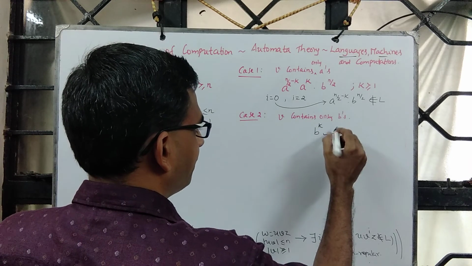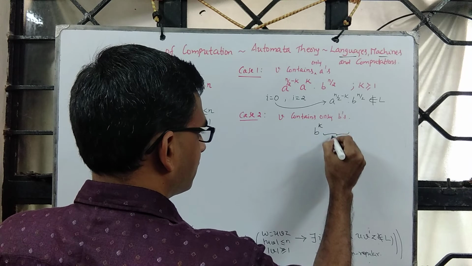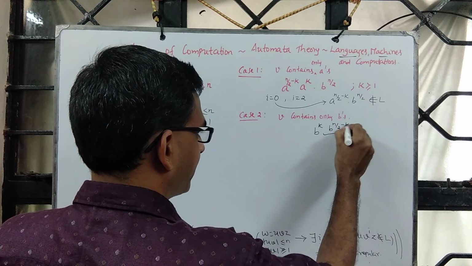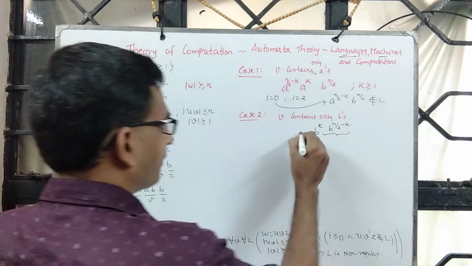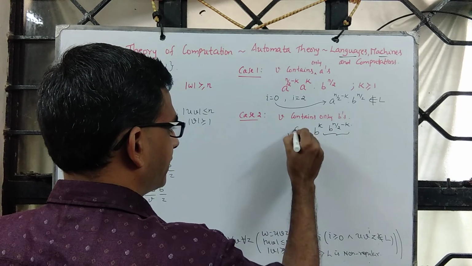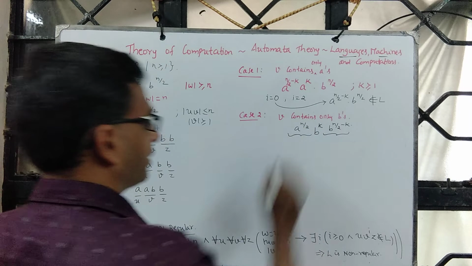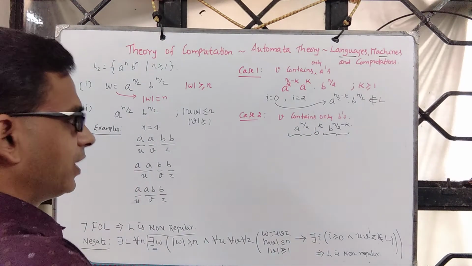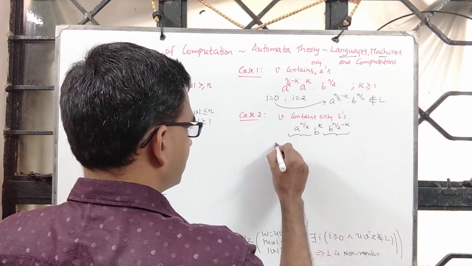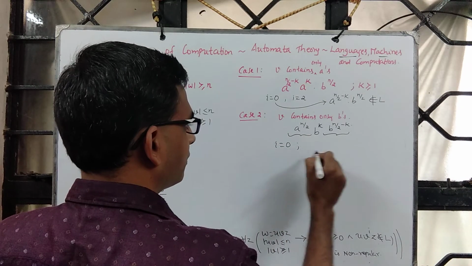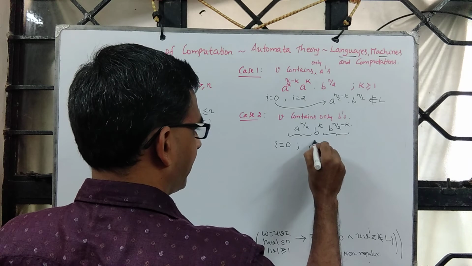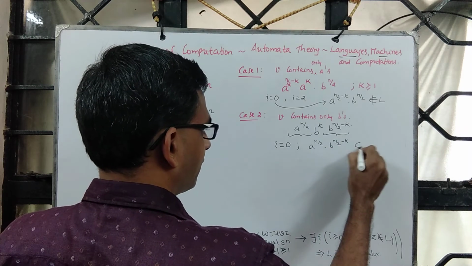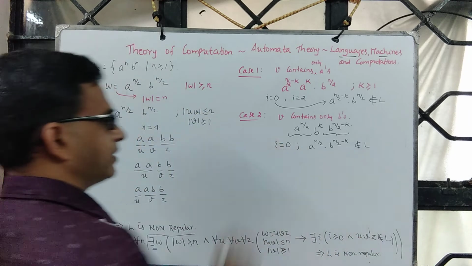So z will be the rest, and it will be b power n by 2 minus k, and to its left it is u, which is a power n by 2. Now here again choose i to be 0, we get a contradiction: a power n by 2, b power n by 2 minus k, which is not in L since k is at least 1.